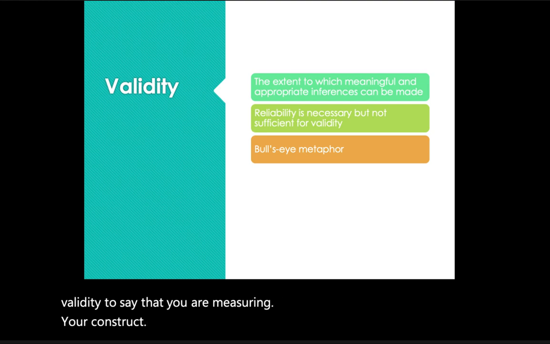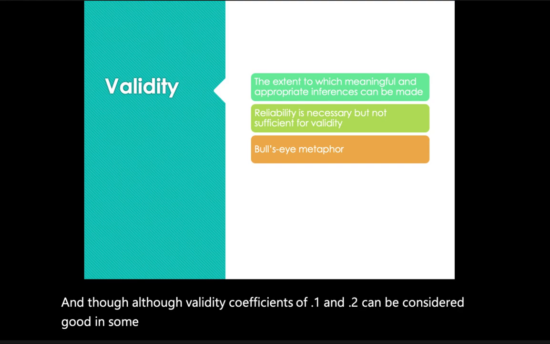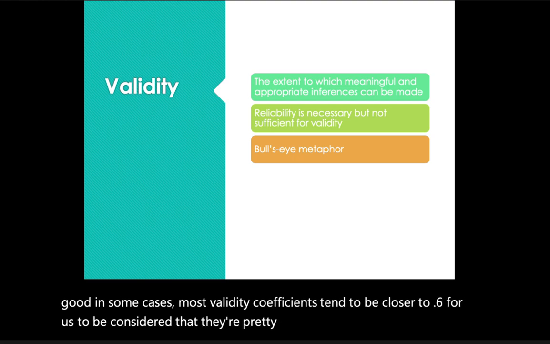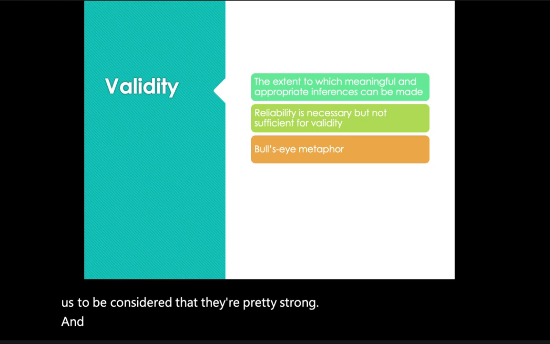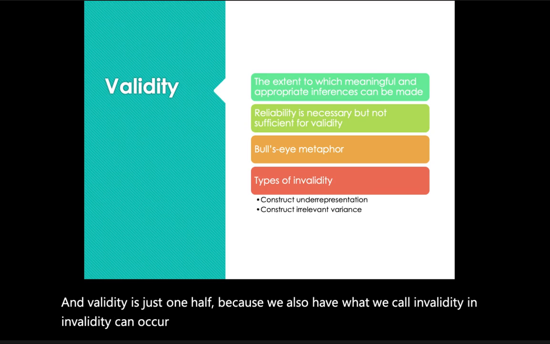And although validity coefficients of 0.1 and 0.2 can be considered good in some cases, most validity coefficients tend to be closer to 0.6 for us to consider them pretty strong. And validity is just one half because we also have what we call invalidity. And invalidity can occur in a couple of different ways.